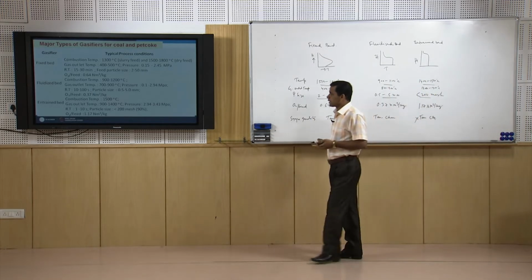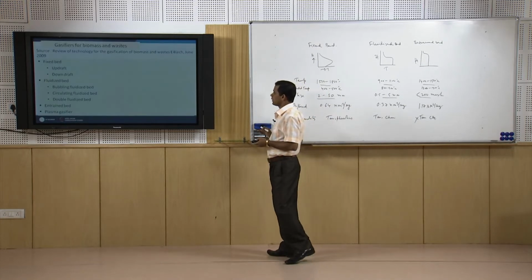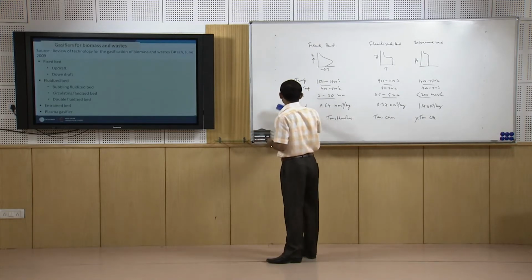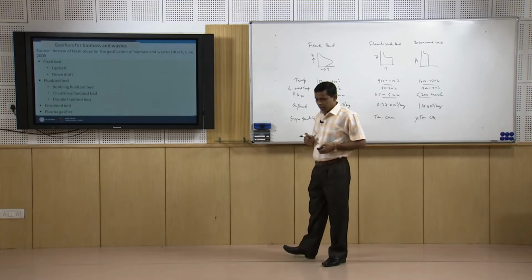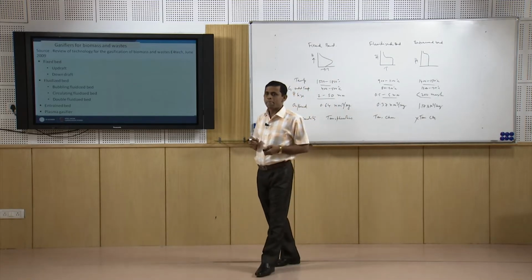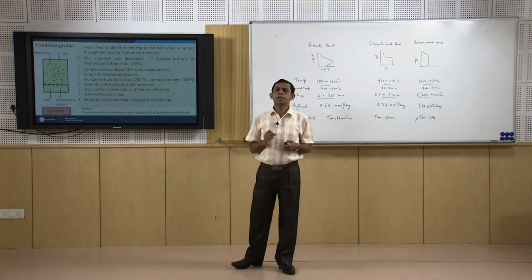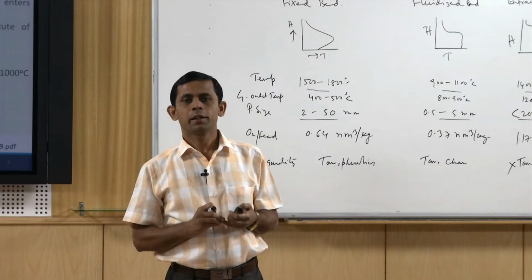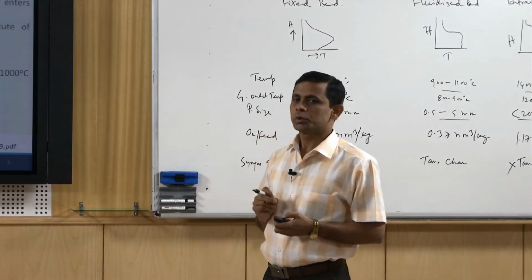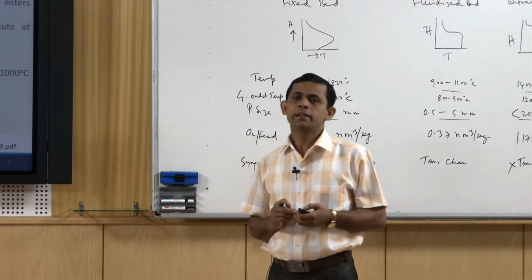Now, we will discuss different types of gasifiers for biomass and waste. The first gasifier for biomass and waste gasification is of fixed bed type, and the fixed bed gasifier is divided into two types, that is updraft and downdraft.